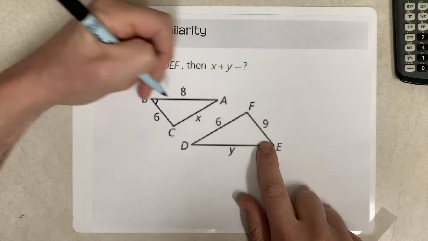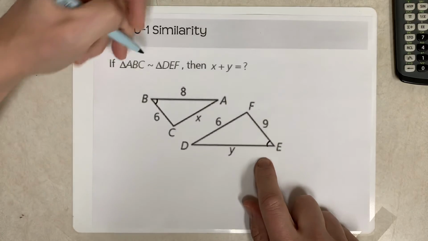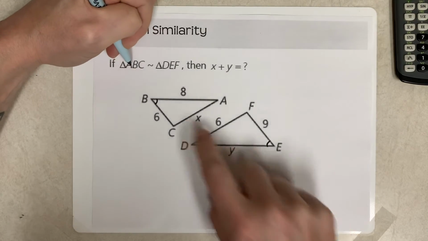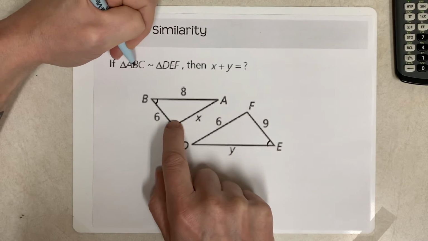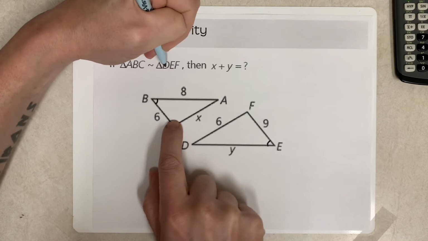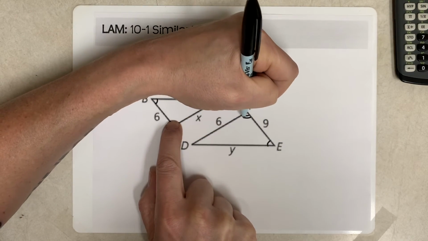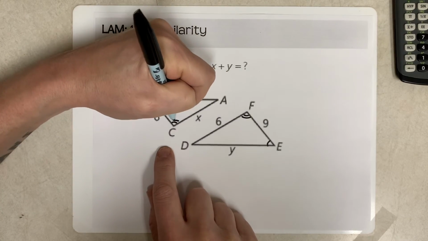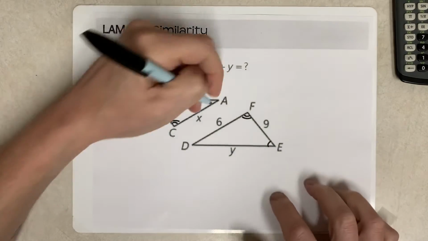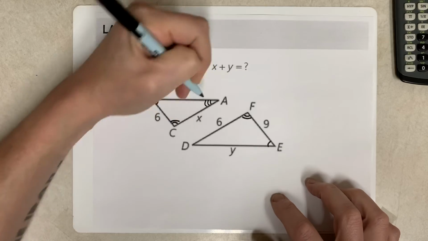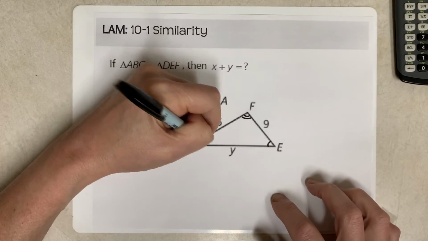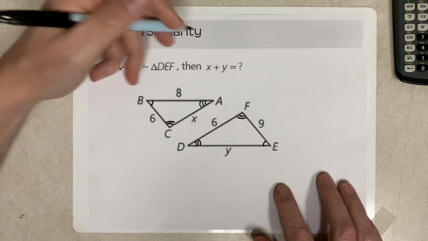So I'm gonna draw that and that. BCA is EFD. So these two match up. And if those two match up, and they look like they should, then the third angle has to match up. So that one's automatic.